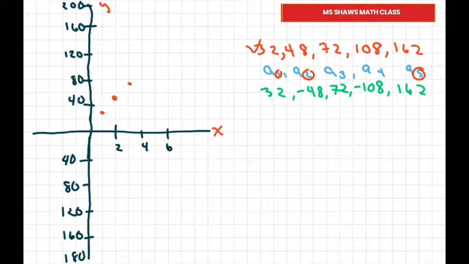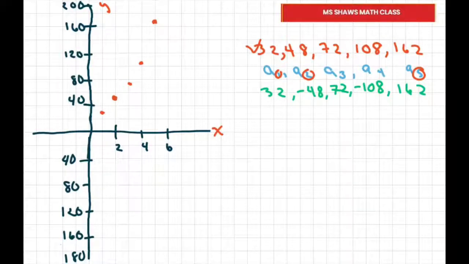It's close to 80. At 4, we're at 108. So this would be 100, so 108 a little bit higher. So it goes here. And at 5, we're going to 162, which would be up there.